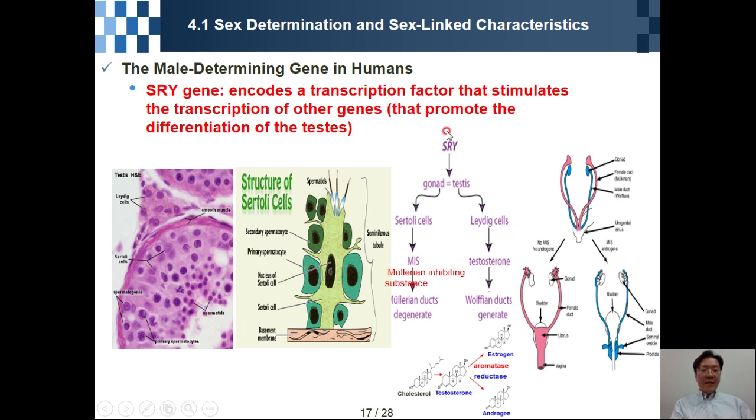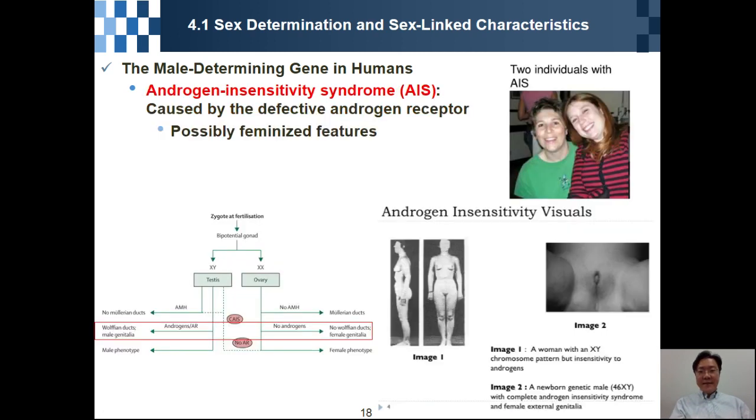So usually the SRY gene can activate the production of testosterone, and testosterone is changed to androgen. But also, if you want Wolffian duct generation, the androgen receptor is also very important. So in the case of AIS, androgen insensitivity syndrome, even though they have XY, their phenotype looks like female, like this, okay?